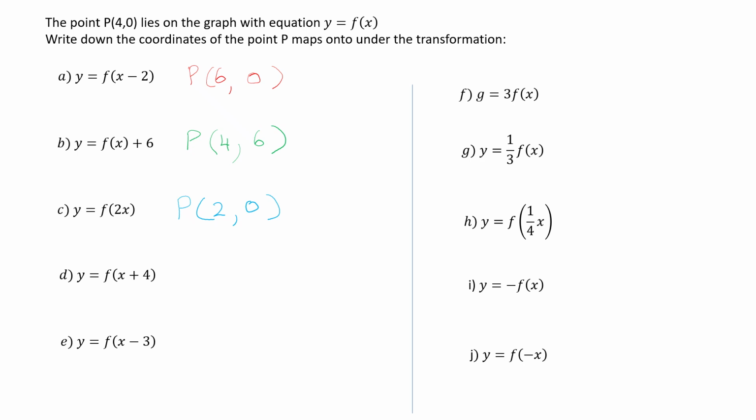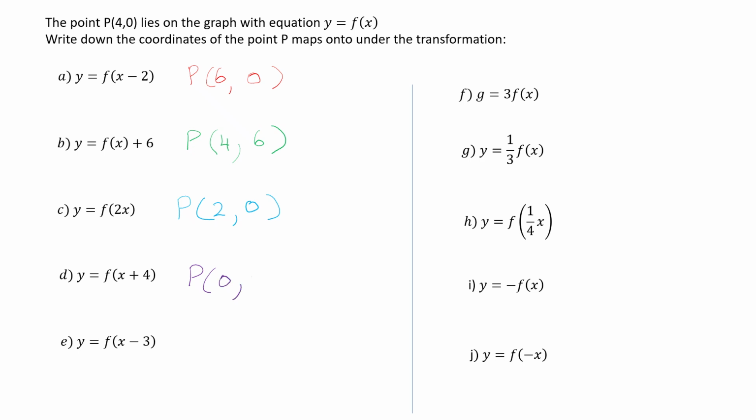So next one, y equals f of x plus 4. So the new point P, x coordinate is going to be changed because the constant is inside the bracket. So the x coordinate is changed by negative 4. So the x coordinate is 4, so 4 take away 4, which is 0.